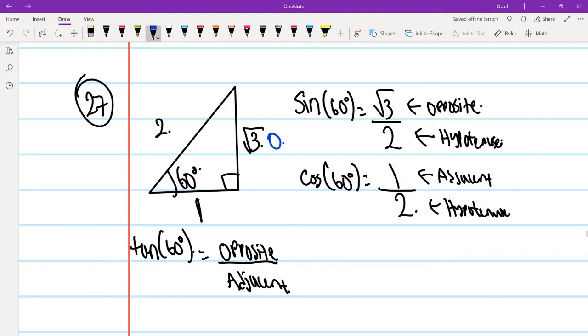And adjacent just means next to. So next to 60 degrees is 1. So this would be your adjacent side. And so you would say tangent of 60 degrees is going to be the square root of 3 over 1. So it's going to be the square root of 3.